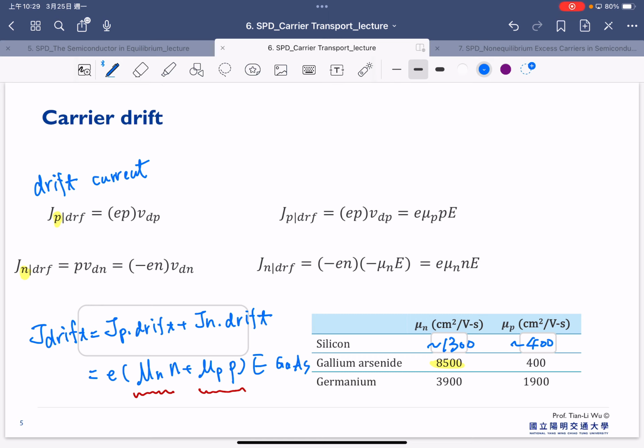On the other hand, another very well-known material is germanium, and germanium is good for electron mobility, around 4,000. But germanium is actually well known for practical application because of its very high hole mobility.